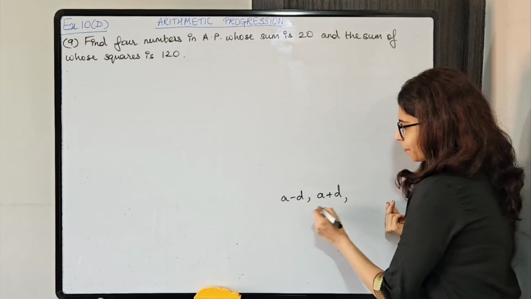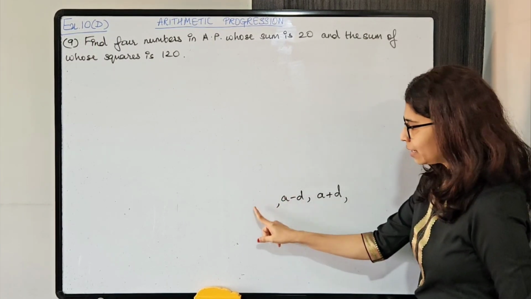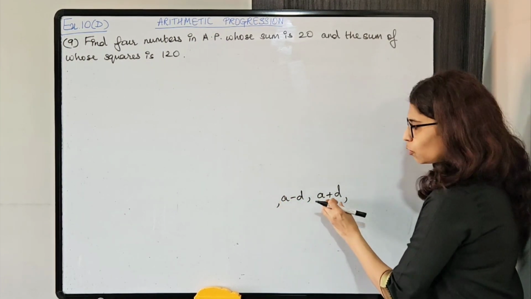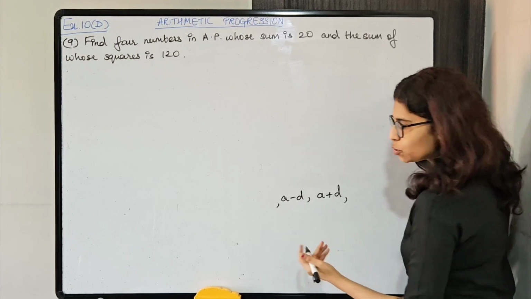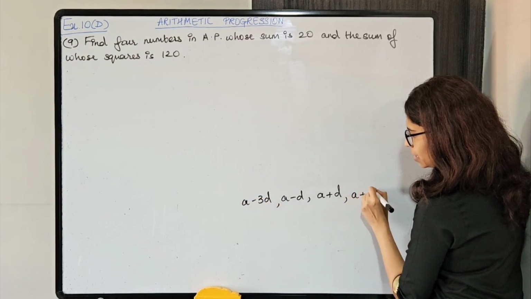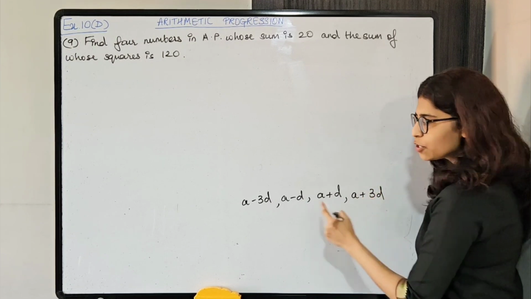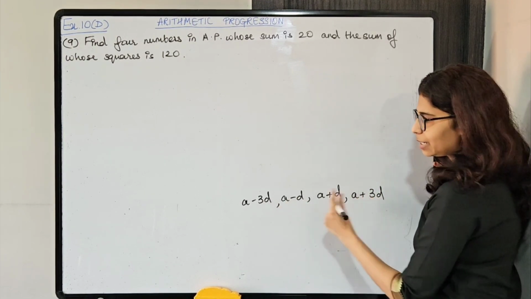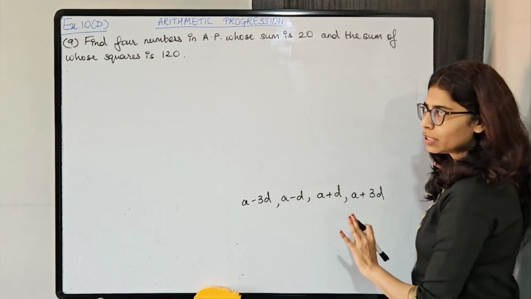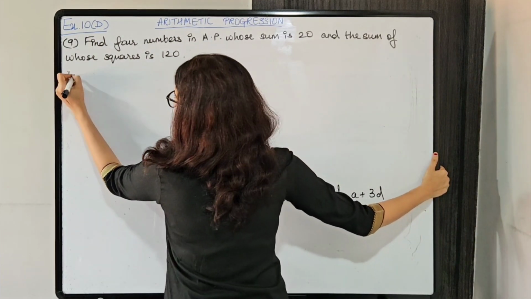Okay, 4 terms बोला है, so एक term यहाँ पे, एक term यहाँ पे add करेंगे. 2d यहाँ पे subtract करो, यहाँ पे add करो. Okay, so it will be a minus 3d and here a plus 3d. Okay, so the 4 terms in AP are a minus 3d, a minus d, a plus d and a plus 3d.